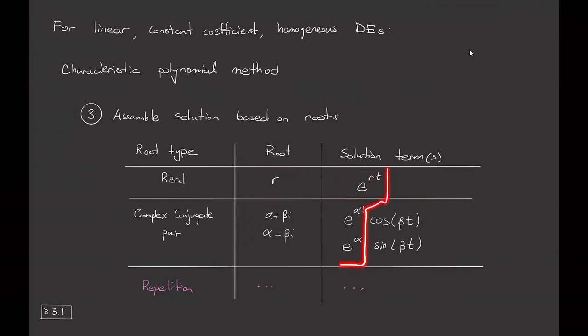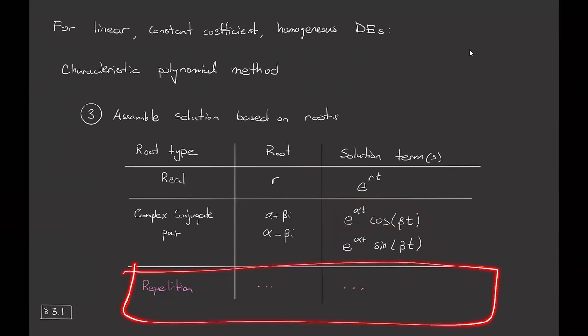So notice some similarity here. r is a real number. Alpha is the real part of the complex numbers. And we get this same kind of expression. Real part is alpha, we get e to the alpha t. Along with that, to account for the beta i, or negative beta i, we also have cosine and sine. Each one of these is a separate term, as we'll see. And again, we have no repetition here. We'll address repetition soon.